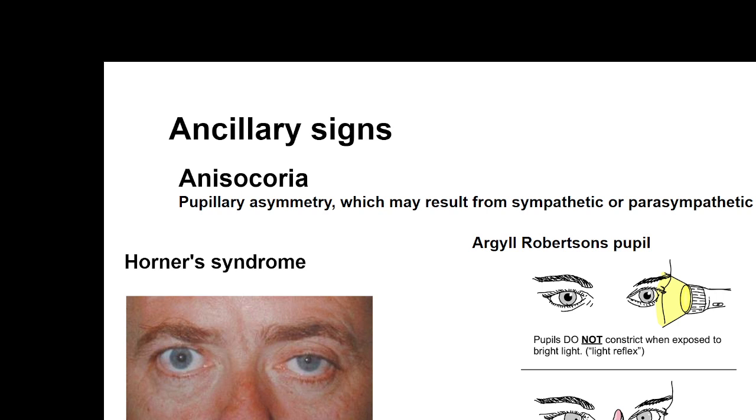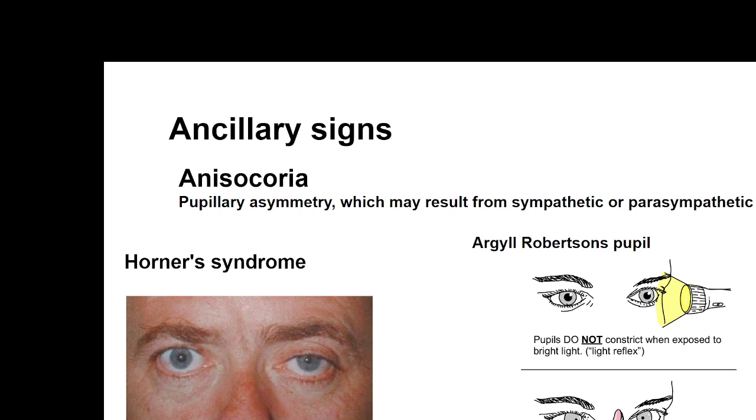Many of those signs could be suggestive of a specific pathology, or at times they may be non-specific evidence of involvement of the nerves, and they may help in making the diagnosis ultimately. So these could be ancillary signs. You may not be able to make a diagnosis based upon these signs alone, but they can help you make the diagnosis based upon other evidence in the patient.